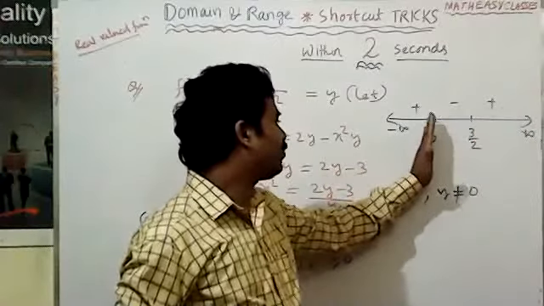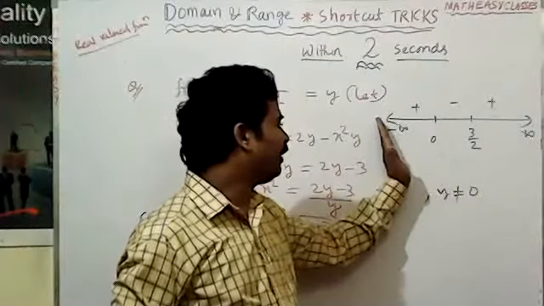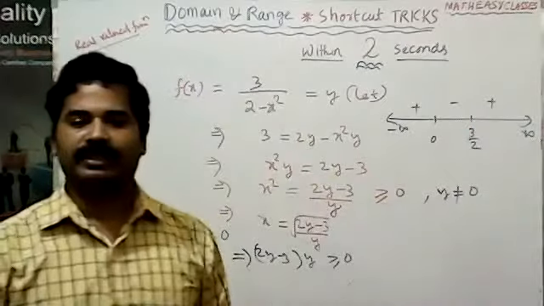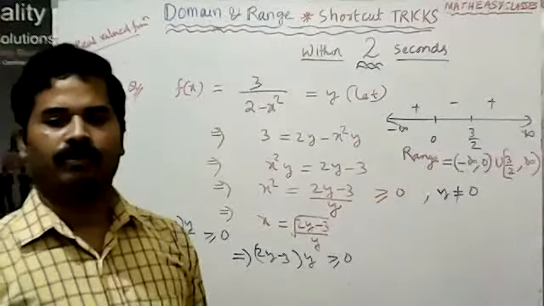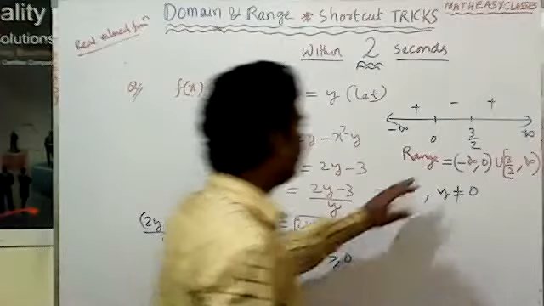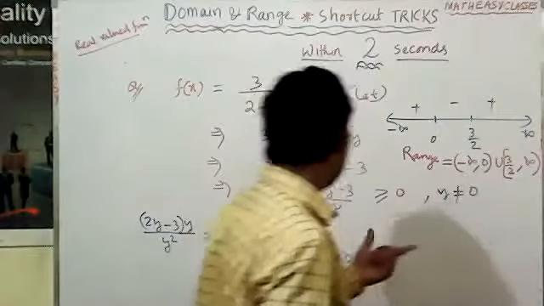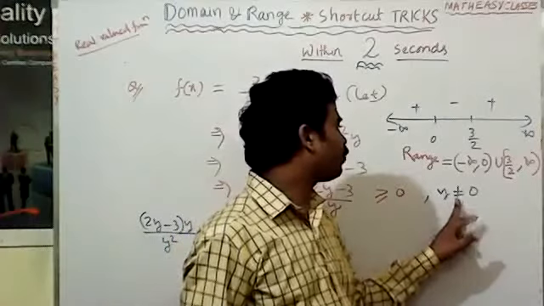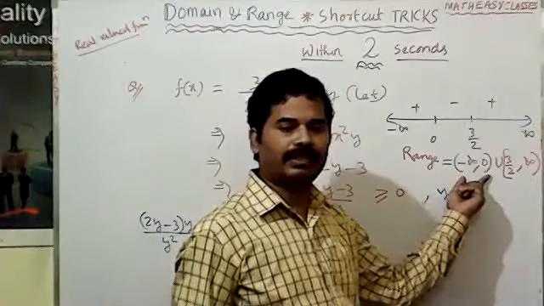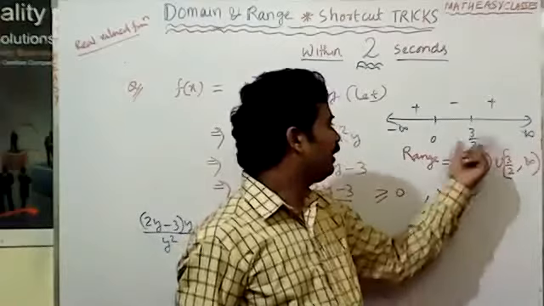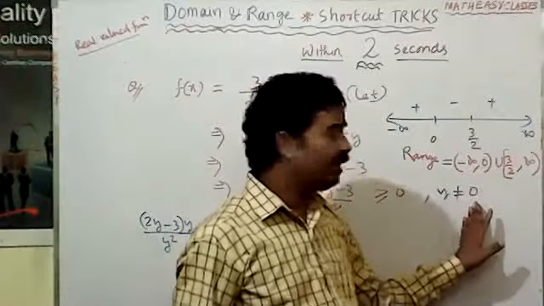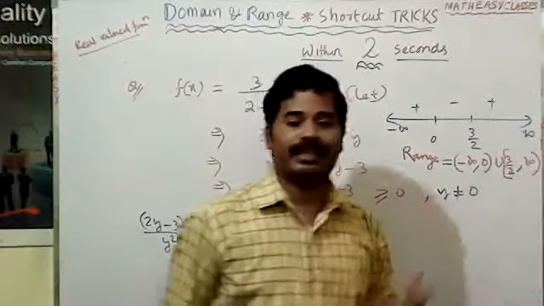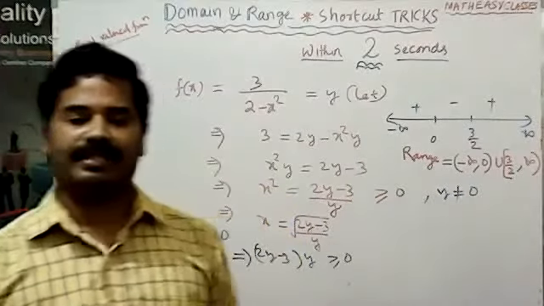That means the range is minus infinity to 0, and 3/2 to infinity. Why is it 0 open? Because y is not equal to 0, so you cannot take the closed interval concept. Union 3/2 is given here, so 3/2 is a closed interval.